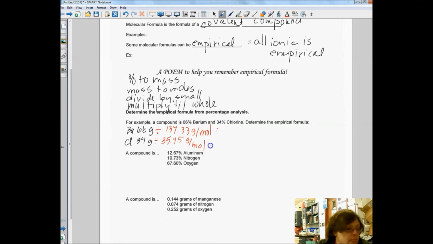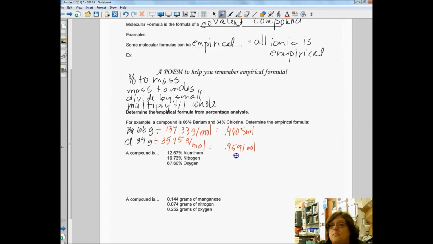Okay? Now I'm going to save you the calculation. If we do that division, you should get 0.4805 moles and 0.9591 moles. Okay, so now we have a ratio, this amount to this amount. But ratios make much more sense when you can have a whole number.